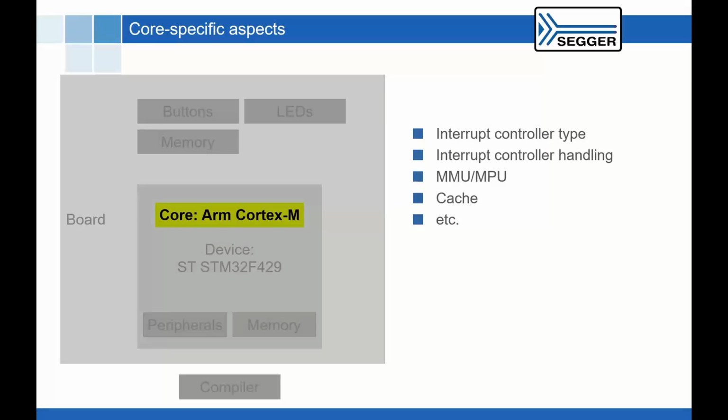The core, of course, also has a huge impact on your project because different cores have different interrupt controllers, different handling of that. You might have MMUs, MPUs, caches, and such on there. So that is all core specific.